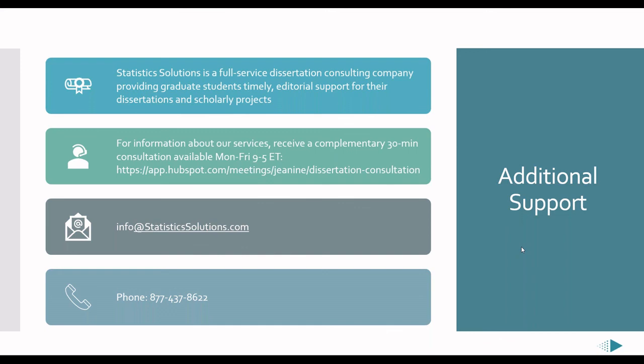So the next question is, how do we access GPower? GPower is freely available online. If you just type GPower into a search engine, you should be able to find it. It's a free program that you can download and use yourself. We actually had a previous webinar covering power analysis and GPower, and we may have that webinar again in the future.